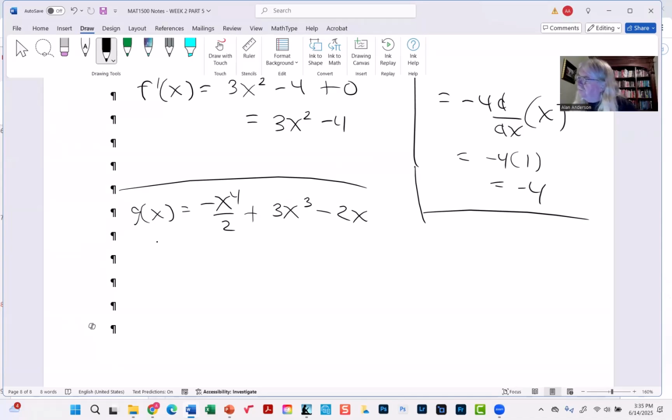This one is equivalent to, so you can rewrite this first one as the derivative of x to the fourth is 4x to the third.